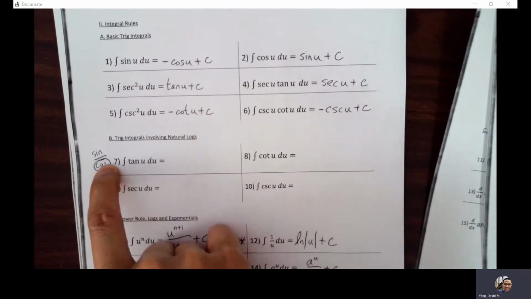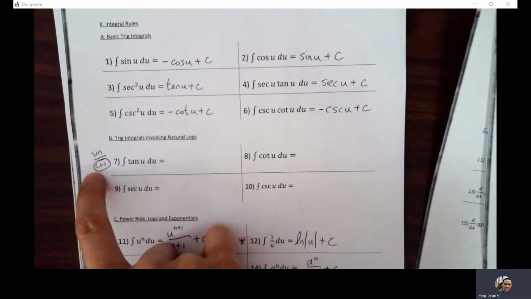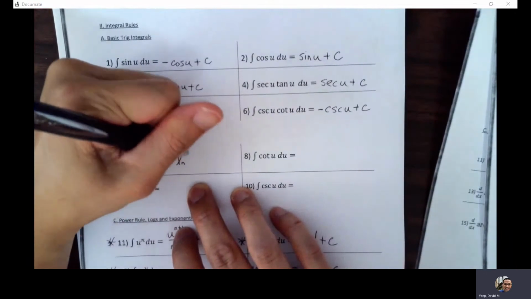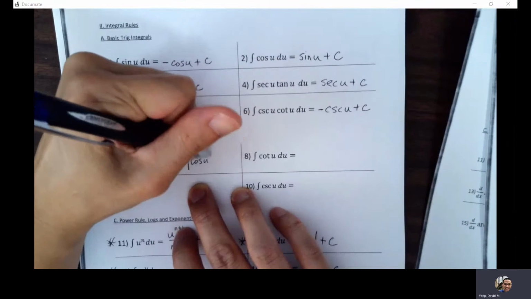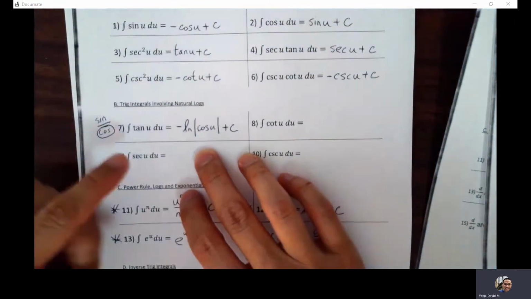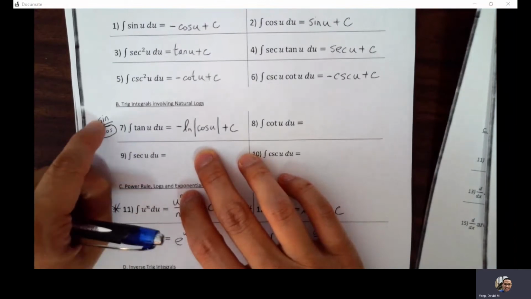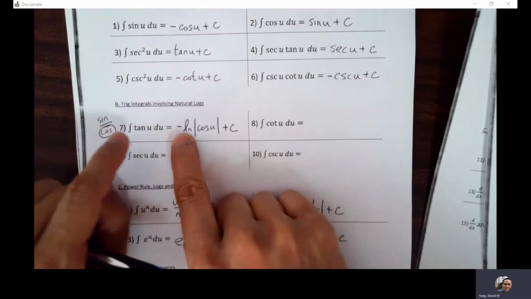Also, cosine produces a negative derivative, so there's a negative involved here. So it's negative natural log absolute value of cosine of u plus c. That's hard to remember, but if I think in terms of sine over cosine and use substitution, and cosine's derivative produces negative sine, that's where that negative comes from.